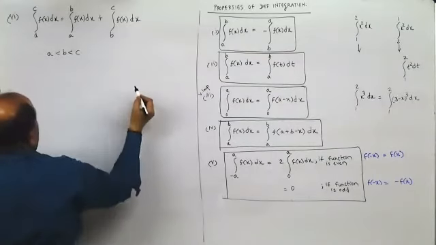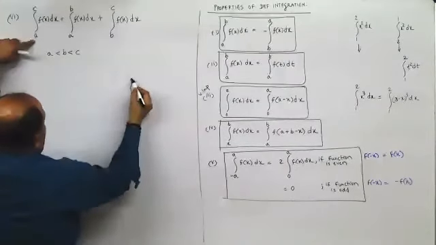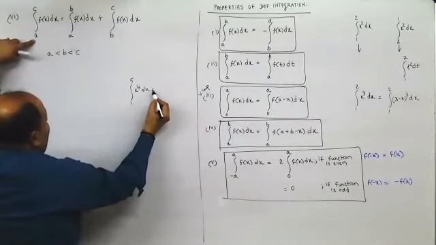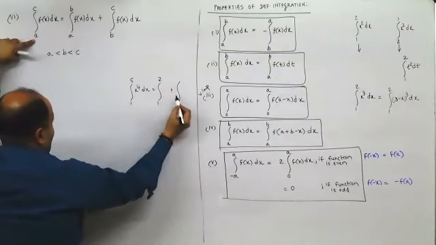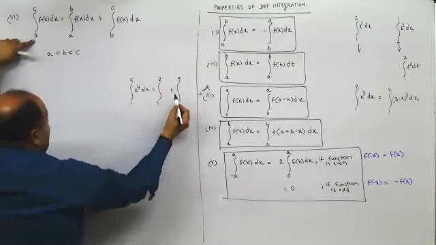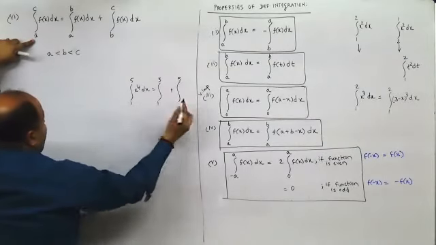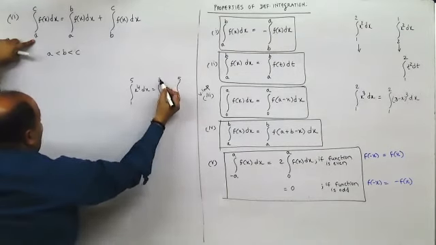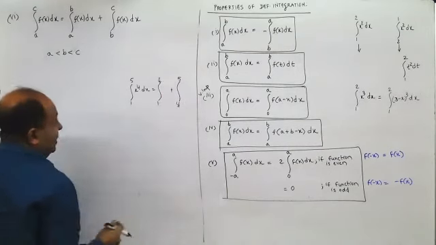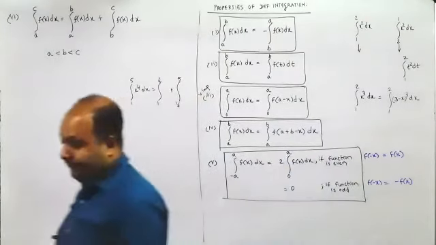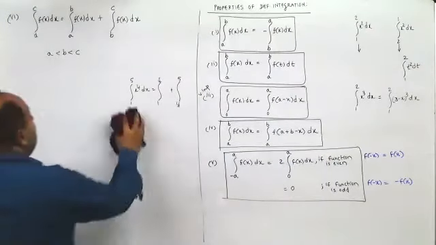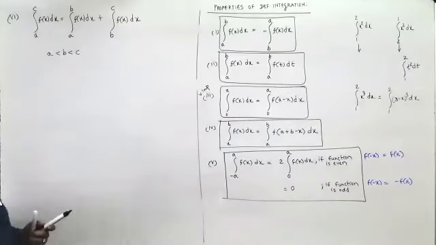For example, if it is between 1 and 5 of x raised to 4 dx, I can take any value in between, 1 to 2 and then plus the same point I'll continue with 2 to 5. Or I'll take 1 to 3 and I'll take 3 to 5. Or I'll take 1 to 4 and I'll take 4 to 5. I'll keep the function the same. This is the sixth property.